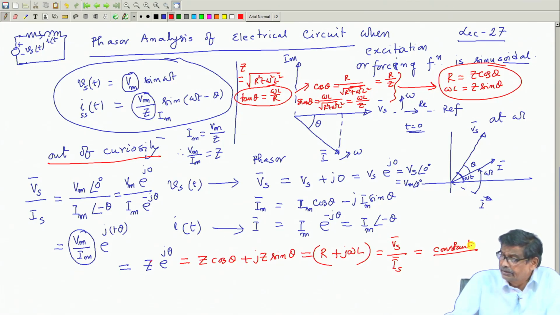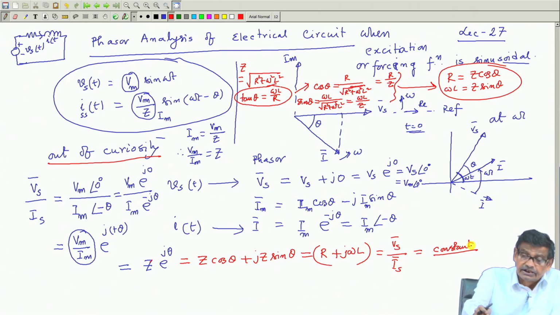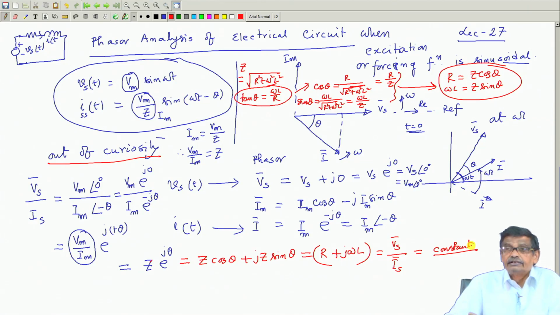And how did I establish that? I did all the hard work to solve the differential equations and got the steady state voltage and steady state current. Then I was told that we are interested only in steady state currents. And then I thought, okay, both are of the same frequency and sinusoidally varying. Therefore, they can be expressed as lengths whose values are the peak values, V m and I m.